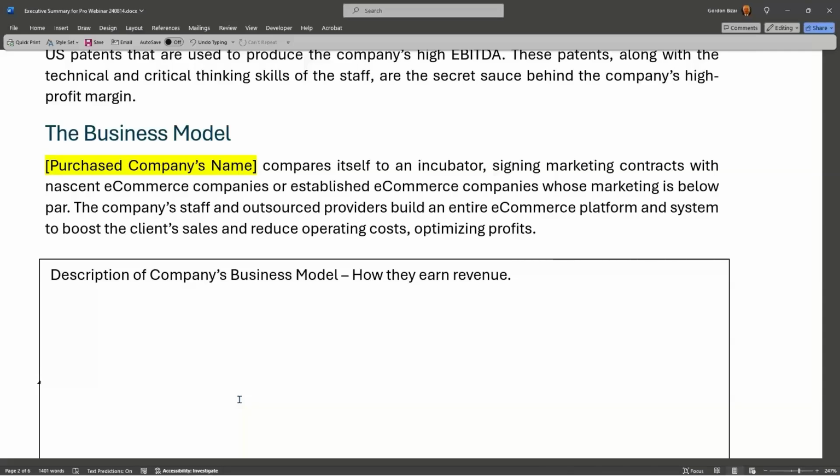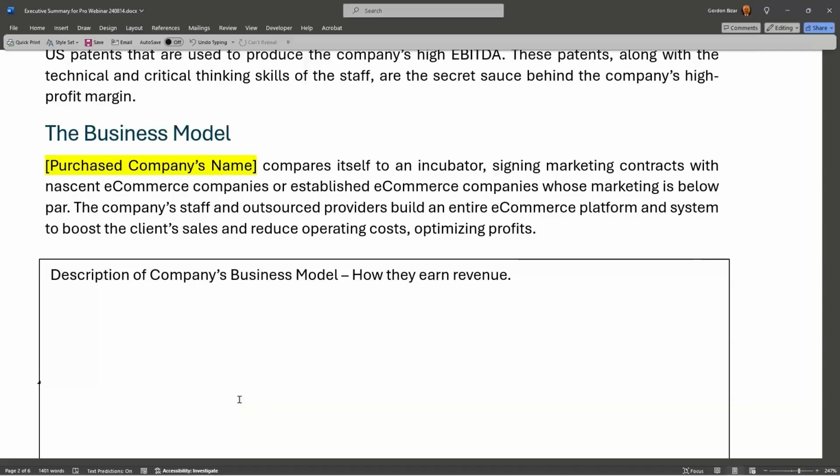So again, the purchase company compares itself to an incubator, signing marketing contracts with nascent e-commerce companies or established e-commerce companies whose marketing is below par. So what do they do? They do marketing, in effect, for companies that are new in the e-commerce field or sophisticated in the e-commerce field, but where their margins or their sales are below par.